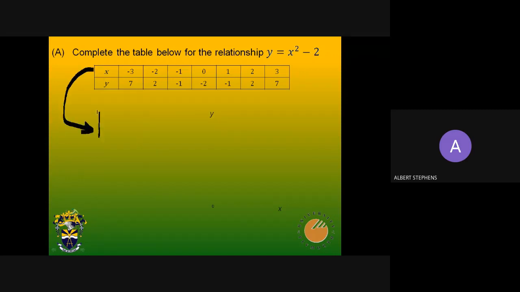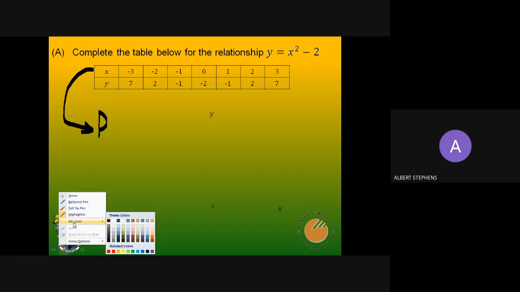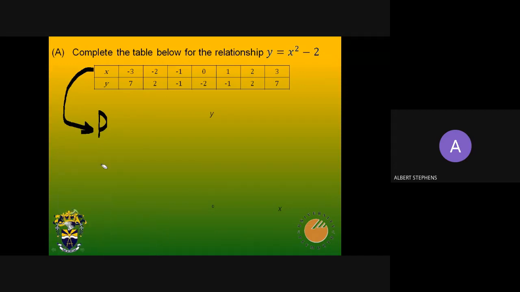They're called domain, and the y values are called range.